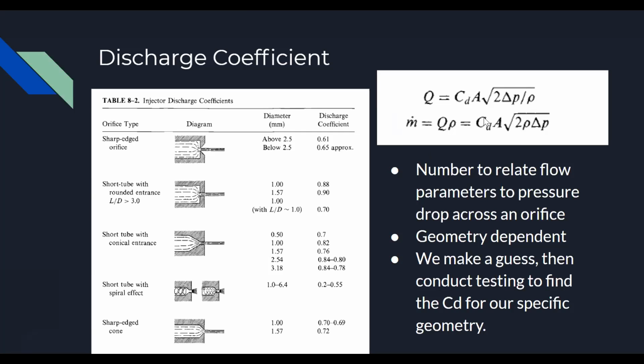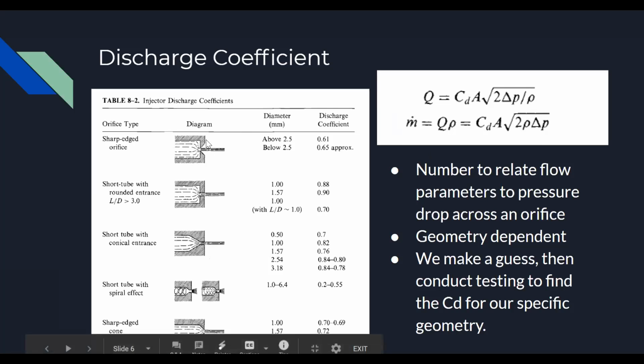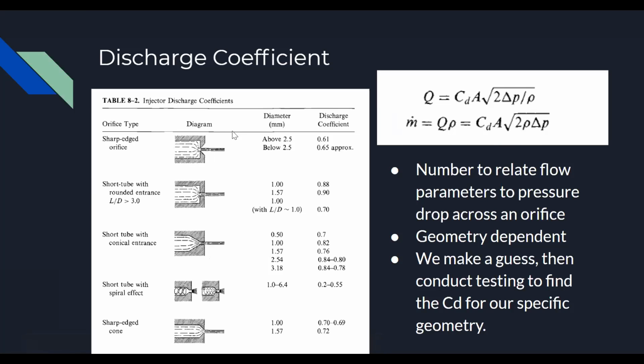So basically the discharge coefficient, and any non-dimensional number really, is a way that we can describe the relation between two things. In this case, it's flow parameters and pressure drop in a way that is scalable and applicable to other fluids. That's why you have properties in here, such as the fluid density. You can take this CD, and it's specific to this geometry.